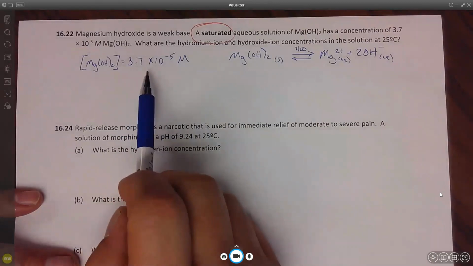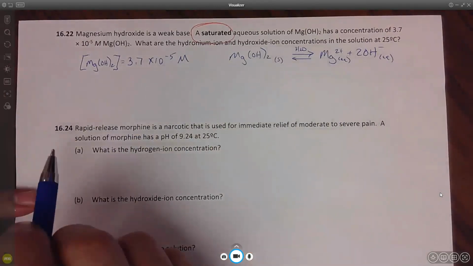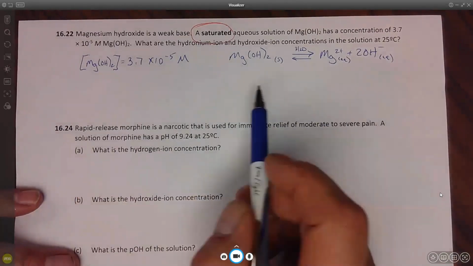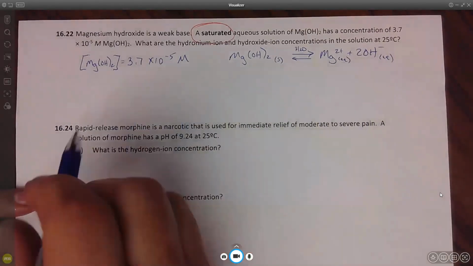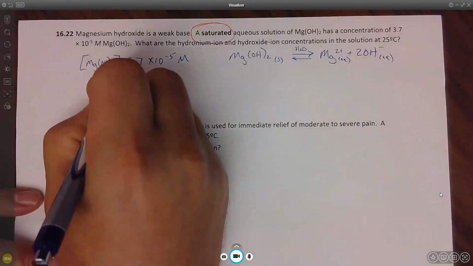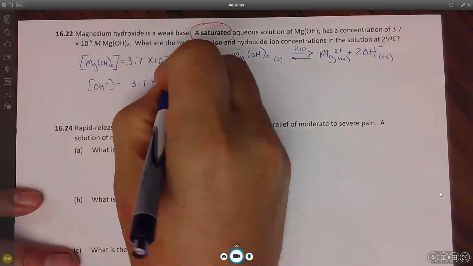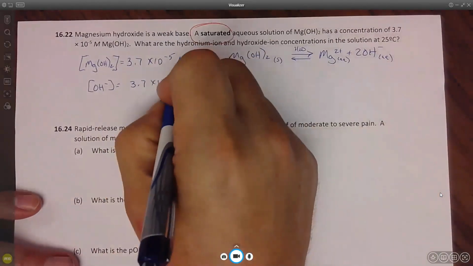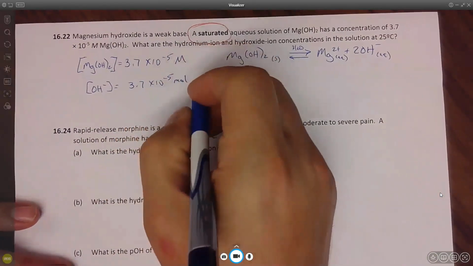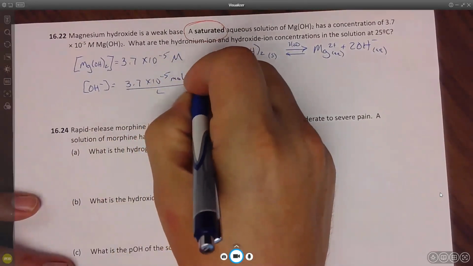So if we want to calculate the hydronium and hydroxide ion concentrations in this solution, well, it already told us basically what it is. So if I want the hydroxide concentration, well, I know I have 3.7 times 10 to the negative 5th moles per liter of magnesium hydroxide.